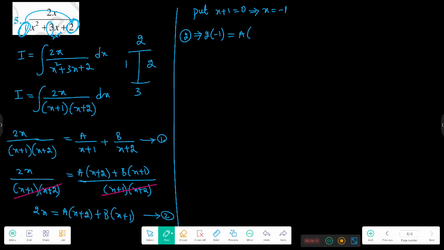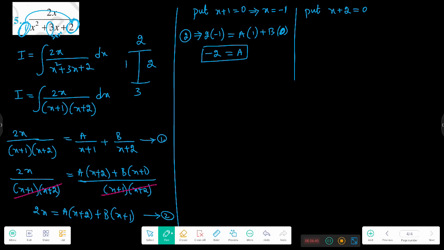So minus 1 plus 2, I am getting plus 1, and b into (x plus 1), which we assumed 0, so it will become 0. This will be 0, children. Now minus 2 is equal to a, the b term will be 0. That's it.